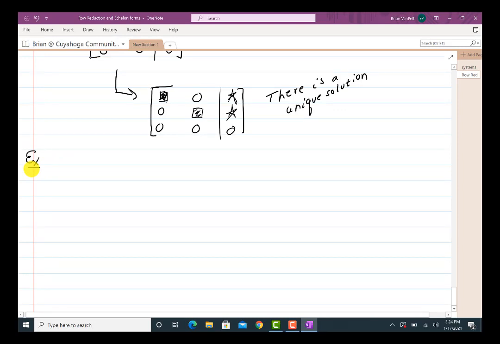So we want to determine if there's a unique solution. And I'll use the same thing I did before. Blocks will be non-zero numbers, but stars can be anything. So here I have three rows, 5 columns.